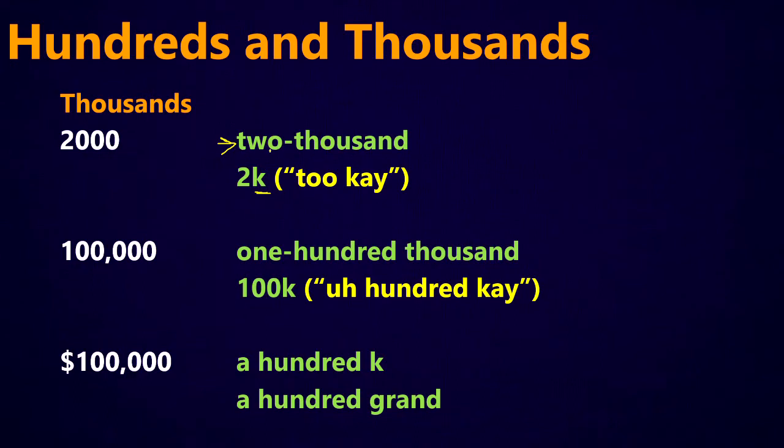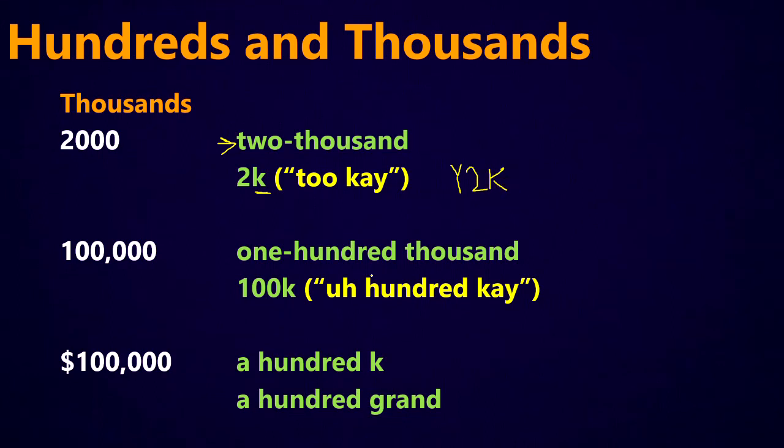Well, if you count the number of syllables, "two thousand," that's three syllables. But if I say 2K, that's only two syllables. When people talk, people try to say things as quickly and as easily as possible. So if they can use fewer syllables, then they'll shorten what they're saying somehow. So we could say 2K, and that'll make it shorter than saying 2,000. For example, when the year 2000 came, people kept talking about Y2K. So that's the year 2000, so Y2K.